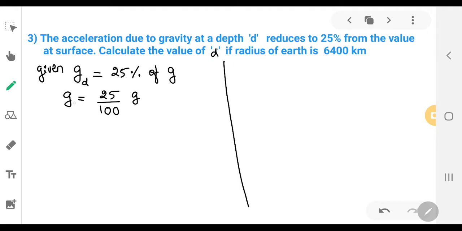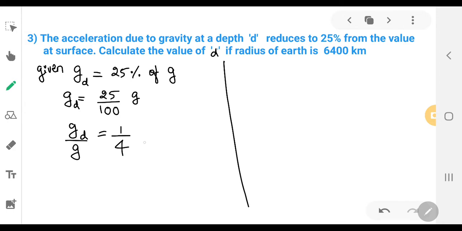It is gd, or you can get gd divided by g. If you take g to the other side, it will be at the denominator. So gd by g is 25 by 100. The ratio you are going to get is 1 divided by 4.